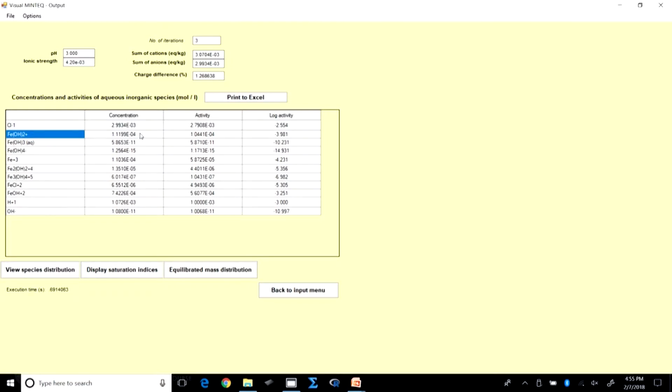You see that it is 10 power minus 4 concentration. It is greater than the free metal concentration. For Fe2+ you saw that at pH 3 or 7 the free metal was predominant, and only at pH 11 was the free metal concentration relatively lower. But for Fe3+ you see that even at pH 3 the concentration of the aqueous complexes that Fe3+ forms are higher than or relatively comparable to the free metal concentration.